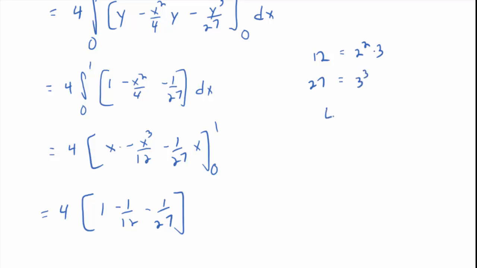So to create the LCD, or LCM, least common multiple, least common denominator, well, you got to have a 3 cubed in it, right? And you got to have a 2 squared. So it's 4 times 27. What's that? 108. Yeah. See, you can do things in your head if you really want to.